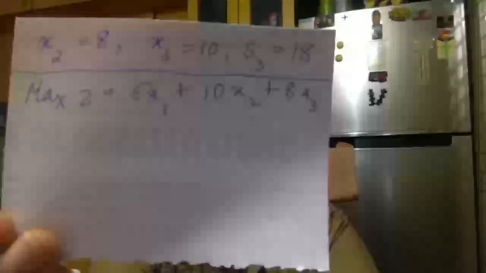Here is my objective function without the standardized version. Okay, so z equal to x1, we got no value, so we will think x1 is equal to 0. So 5 into 0 plus 10 into 8, x2 is 8, plus 8 into 18.